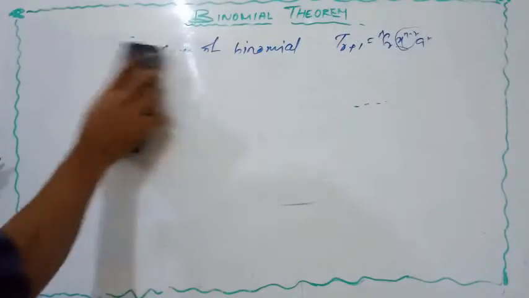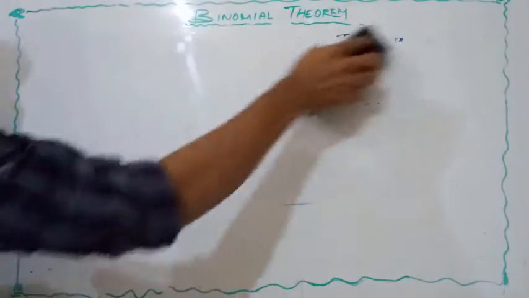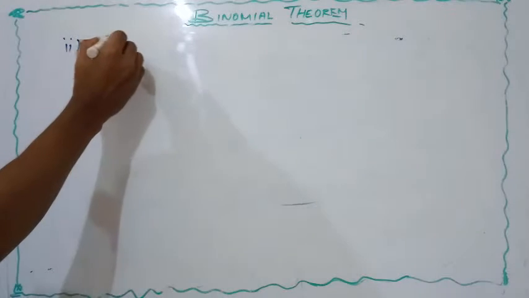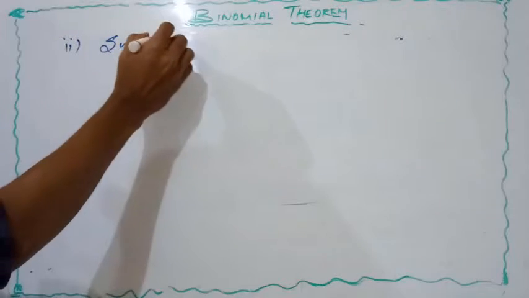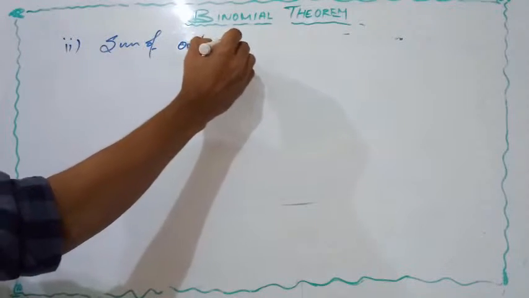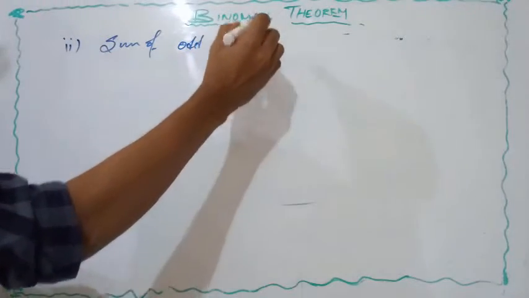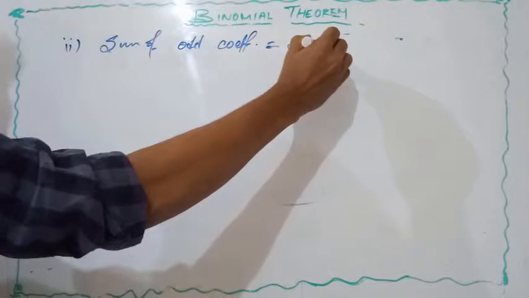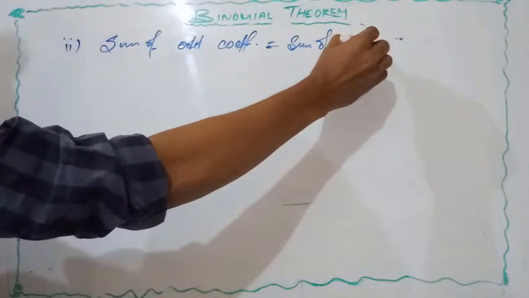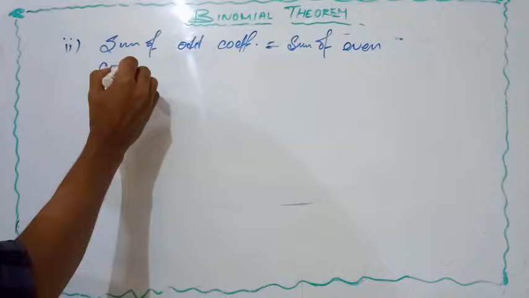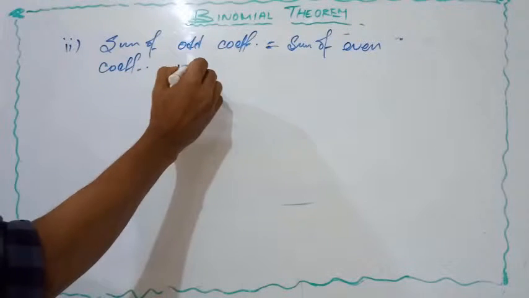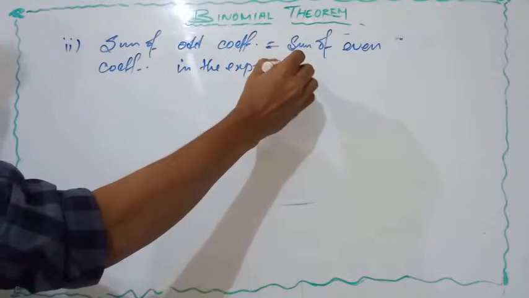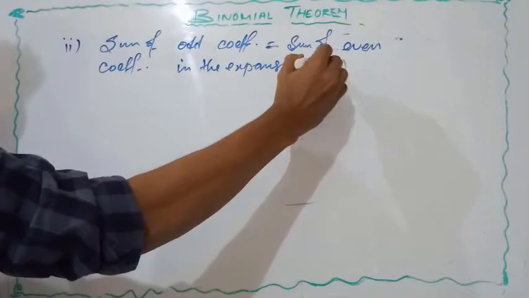The second property, quite similar, says that the sum of odd coefficients is equal to the sum of even coefficients in the expansion of (1 + x)^n.